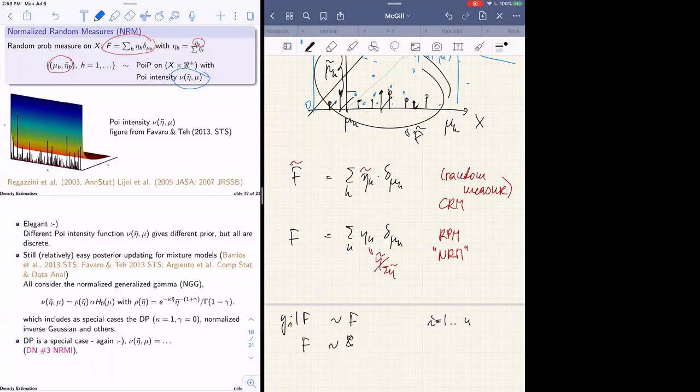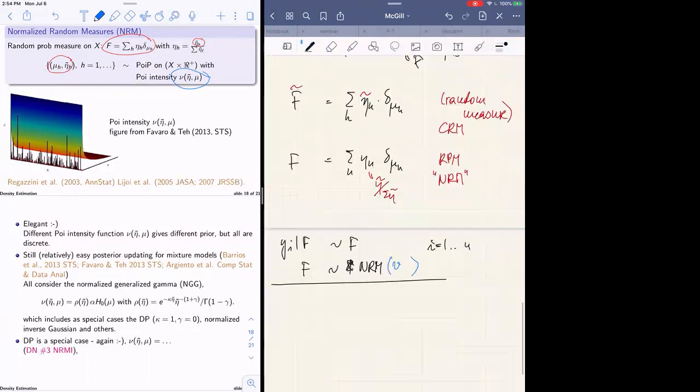It's a normalized random measure, and I already told you for the normalized random measure the only parameter we need is that Poisson intensity. It turns out it's actually reasonably easy to do posterior inference. Posterior inference, f given y, is not as simple as you might hope. It's not a conjugate pair, but it is still easy.